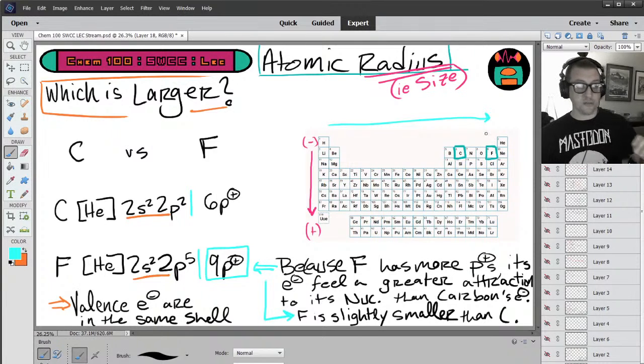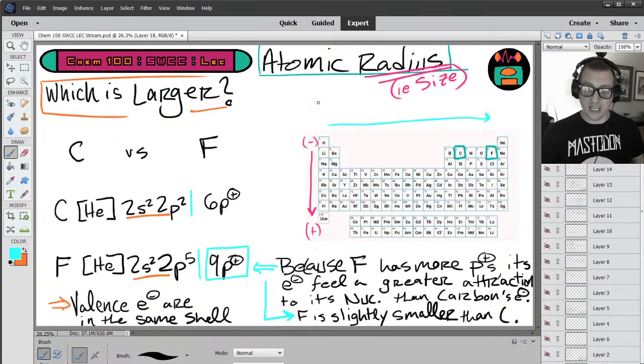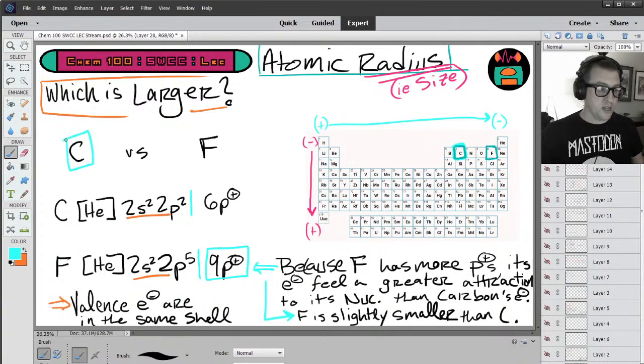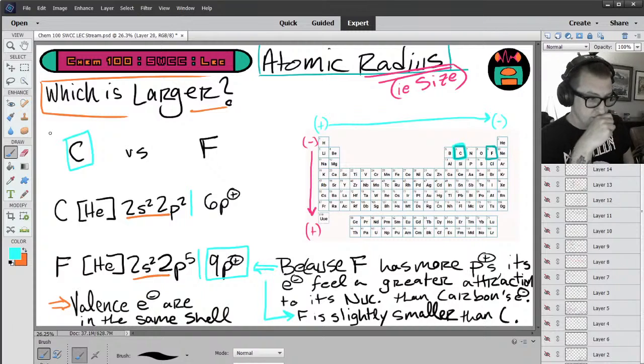So if you have a tie, you have 2 things on the same period, the tie-breaking trend that you need to remember is as you move from the left of the periodic table to the right, your size decreases. If you're on the same period only, the further to the left you are, the larger you are. The further to the right you are, the smaller you are. So since carbon is further to the left, that means that carbon is the larger of these 2 elements.